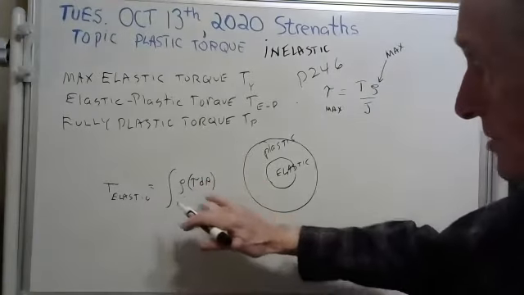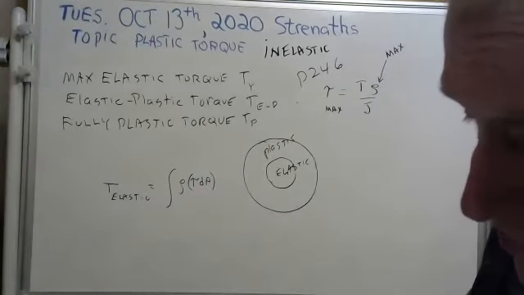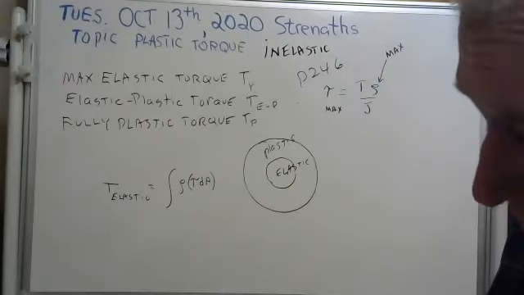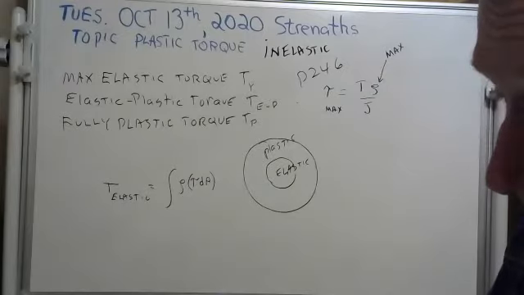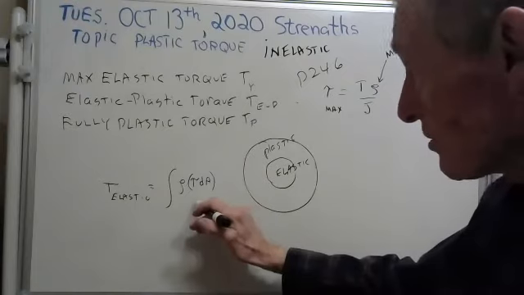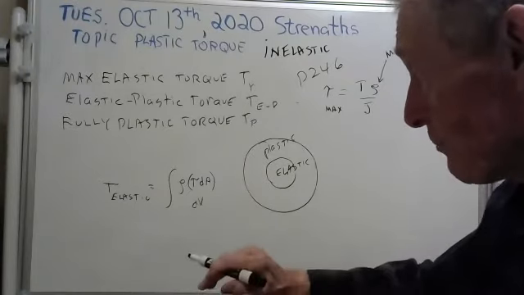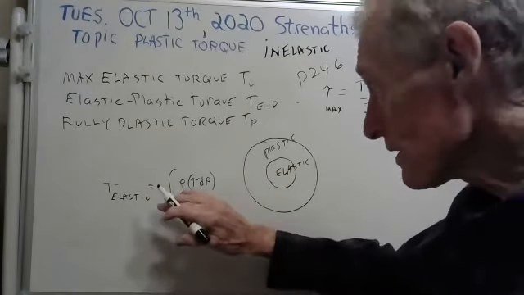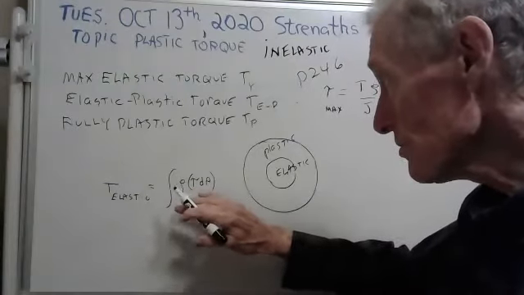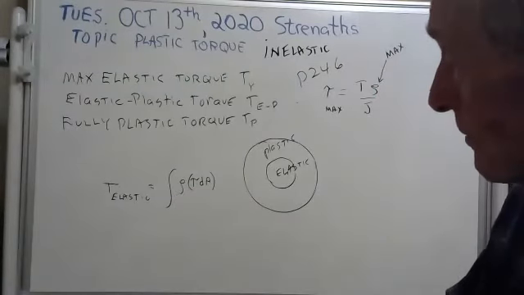I don't know if that makes any sense. But see, when you take stress times area, what you get is a force. In this case, it's a shear force. You could write dV if it made you happy. And so if you take a distance times a force, you get a torque.